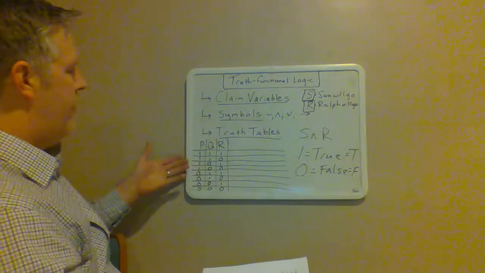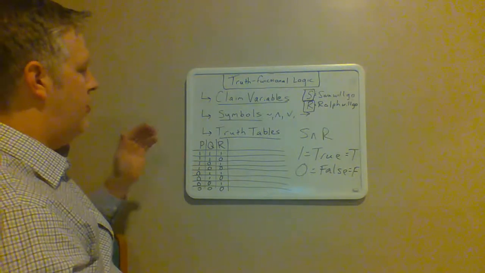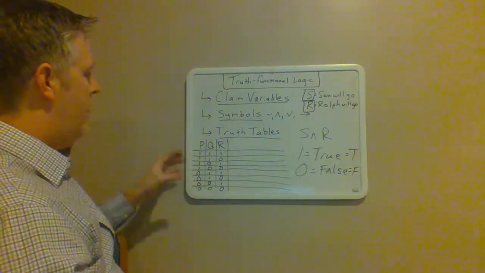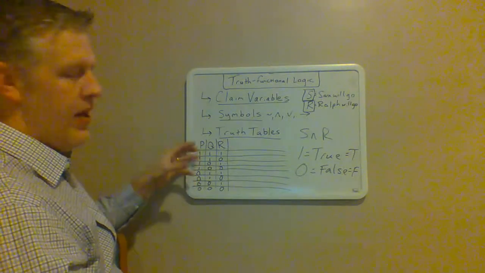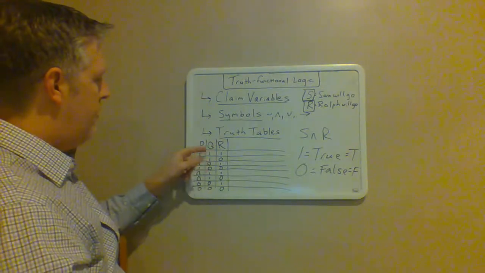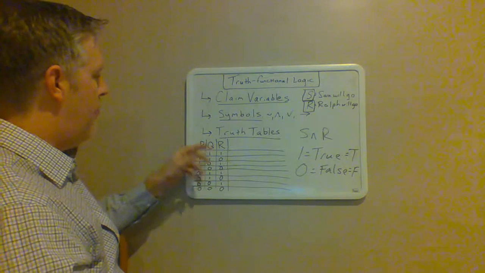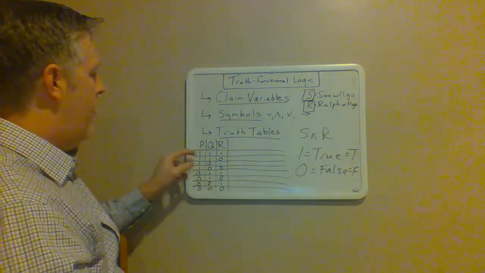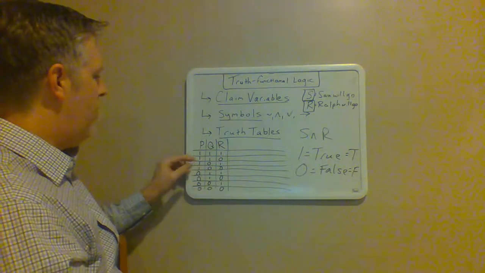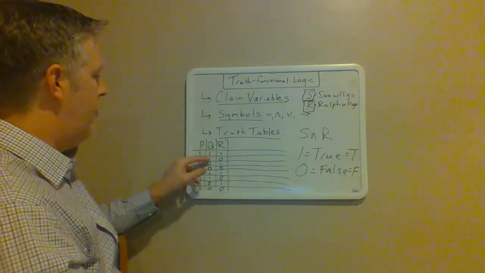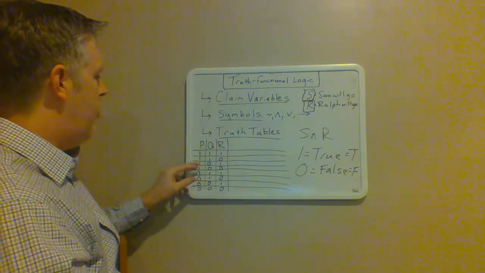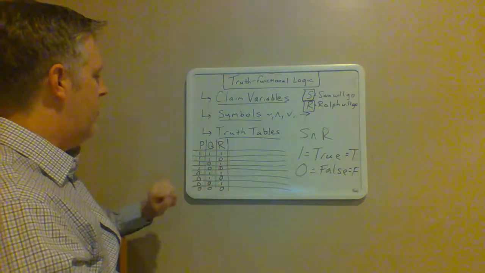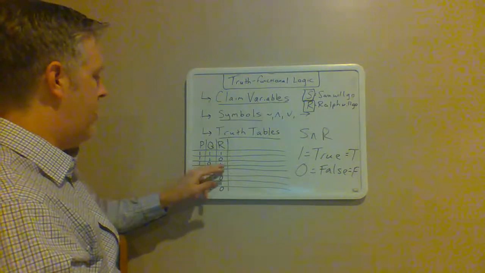So what we've done is represent every possible combination of truth values for these 3 claims: P, Q, and R, Paul goes, Quincy goes, Ralph goes. All 3 of them could be true. Or it could be the case that Paul and Quincy go, but Ralph doesn't. Or Paul goes and Ralph goes, but Quincy doesn't. Or Paul goes, but Quincy and Ralph don't.